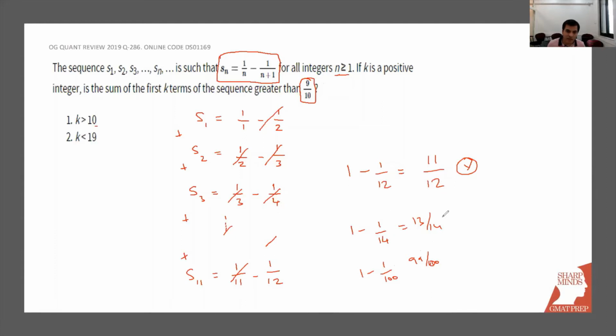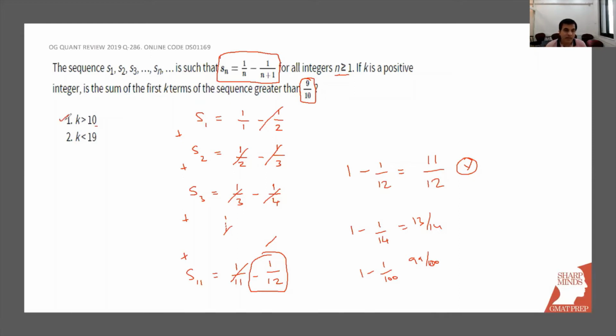In fact, we are going to get bigger and bigger fractions because the last term, which is ultimately getting subtracted, will become smaller and smaller as the n value increases. So we are guaranteed to get a value higher than 9 over 10 from statement 1 alone. So statement 1 alone is very much sufficient to answer the given question.